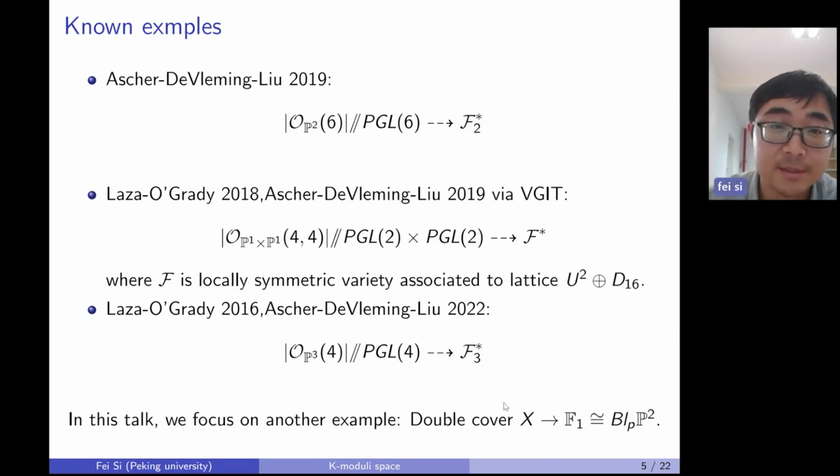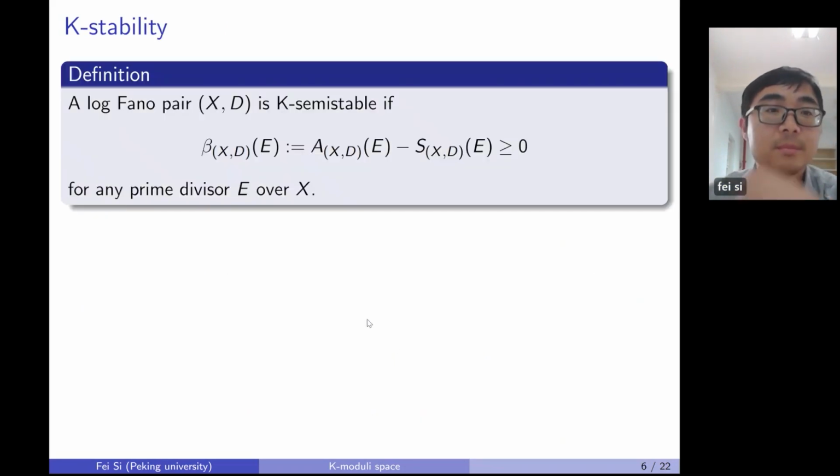So let's move to K-stability theory. Let's recall that a log Fano pair is called K-semistable if it satisfies this valuative criterion: the beta invariant of the pair is always non-negative for any prime divisor over X. Of course, this is not the original definition of K-semistability using test configurations.